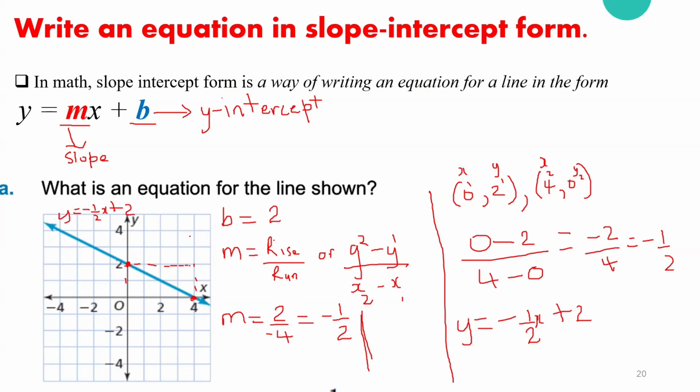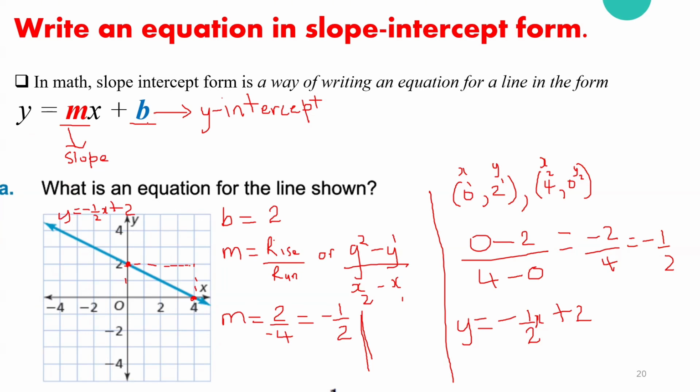Again, in order for you to find the equation of a line in slope-intercept form, you need two things. You need the slope and you need the y-intercept. The y-intercept is the y-coordinate where the line crosses the y-axis.